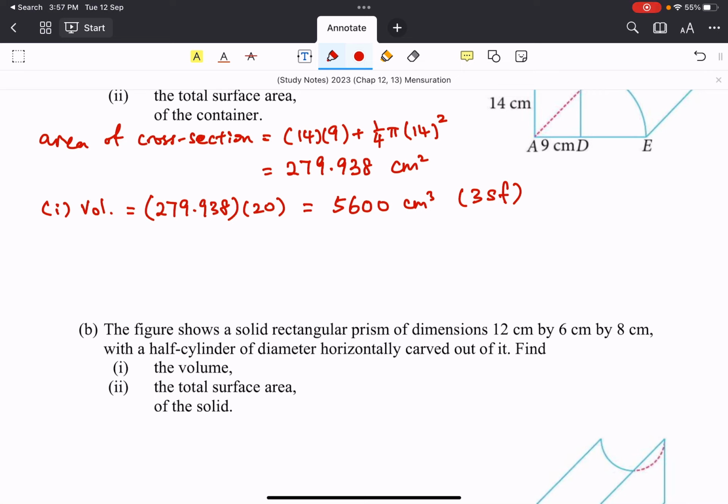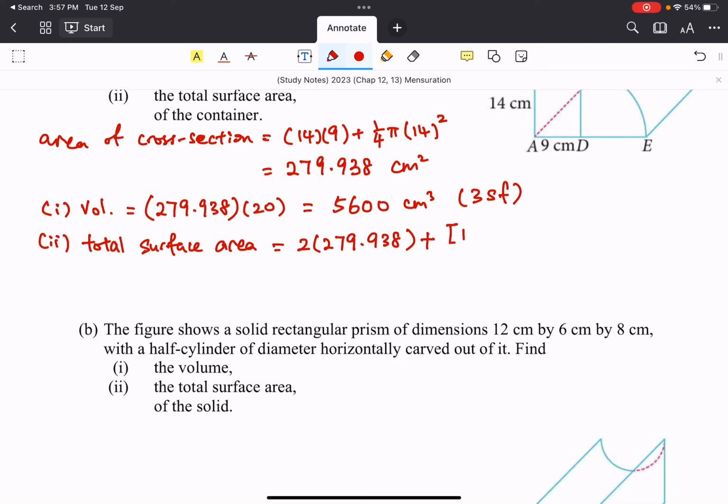Now, as for the total surface area, you need a bit more calculation. Total surface area. If you remember how it works, we need 2 times the cross section for the two bases, plus the perimeter.